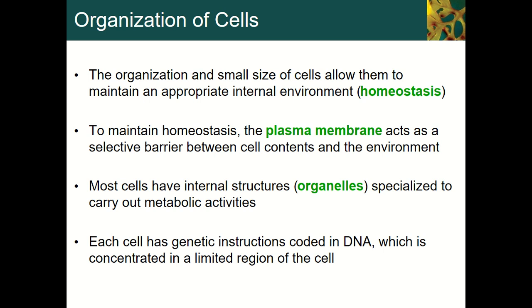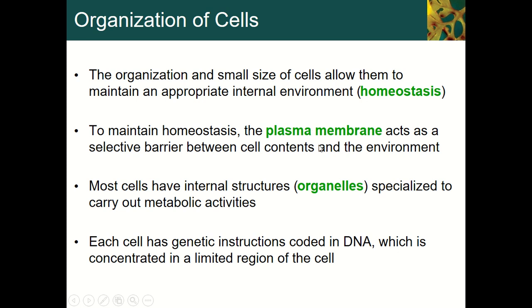Organization of cells. The organization and small size of cells allow them to maintain the internal environment, also known as homeostasis. To maintain the internal environment, the plasma membrane acts as a selective barrier between the cell contents and the environment.